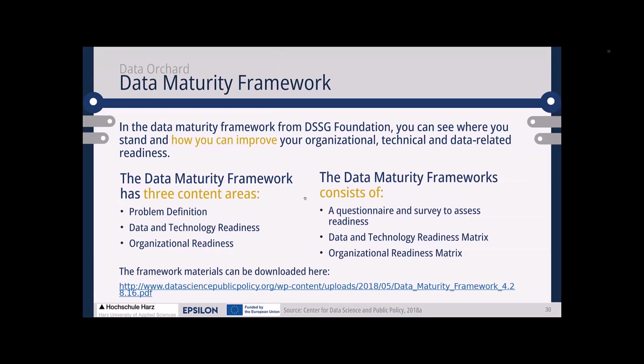In contrast to the DataOrchid framework, the data maturity framework of Data Science for Social Good relies on three content areas, namely problem definition, data and technology readiness, and organizational readiness. The framework consists of a questionnaire, a readiness matrix, and an organizational readiness matrix. All those materials can be downloaded here.